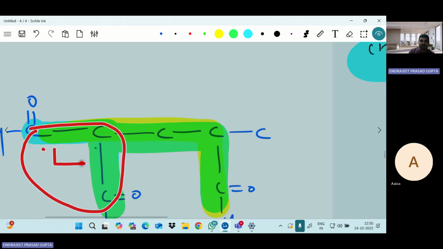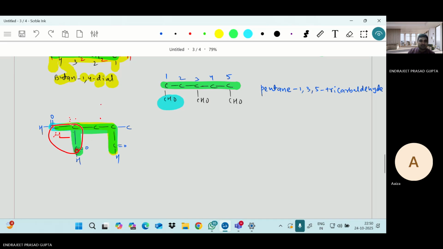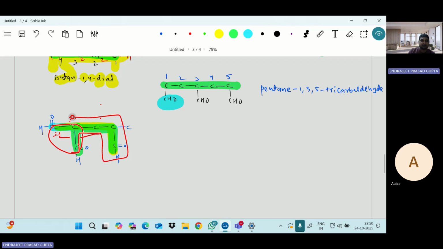If you are selecting this one, only two carbons. Are you getting what I'm trying to say? What about this aldehyde? The question comes.